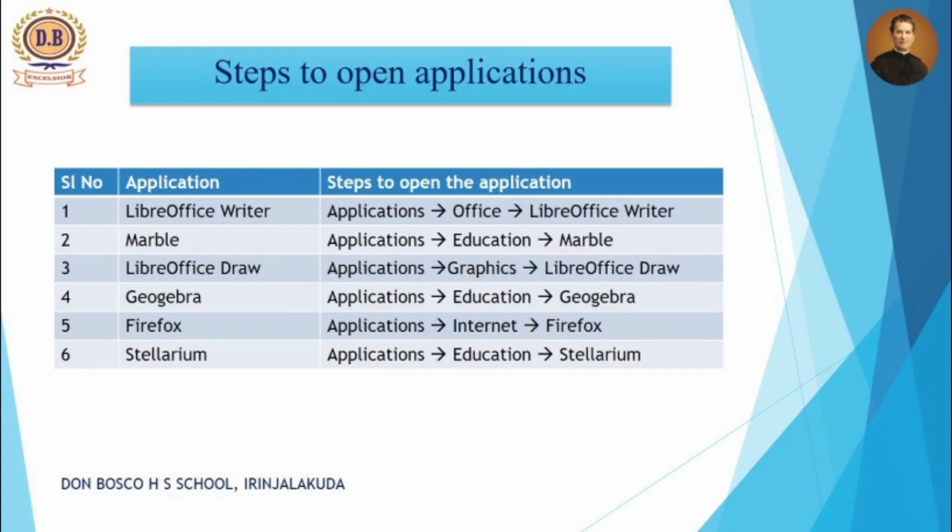So please learn thoroughly: application, graphics, LibreOffice Draw. In the exam I may give it like this: application, office, LibreOffice Draw. So what is the mistake there? Office is the mistake. You have to correct it as application, graphics and LibreOffice Draw. Is it clear, dear students?